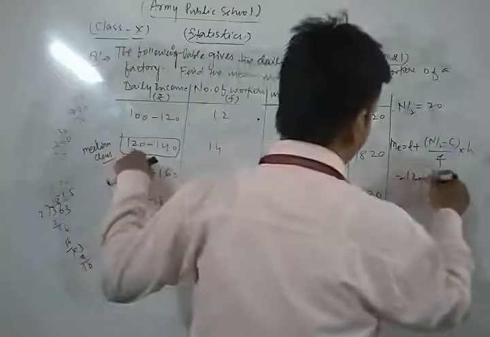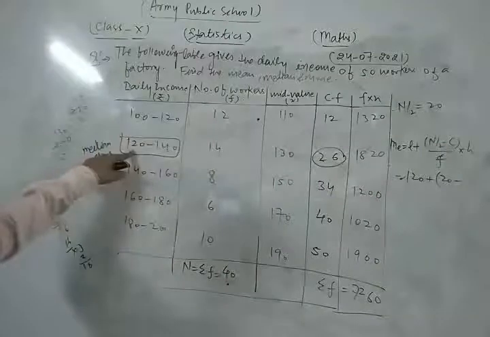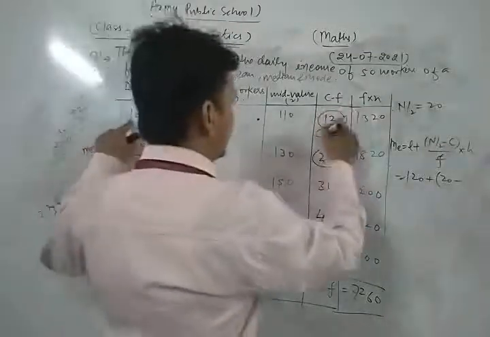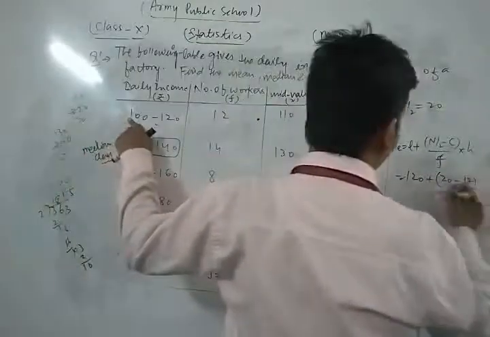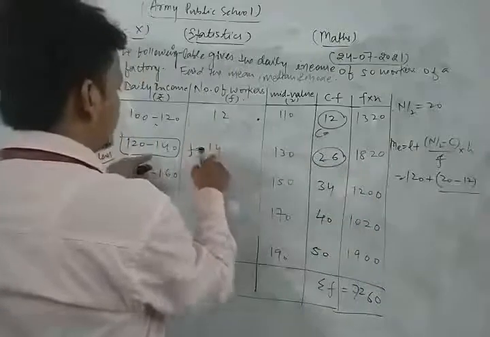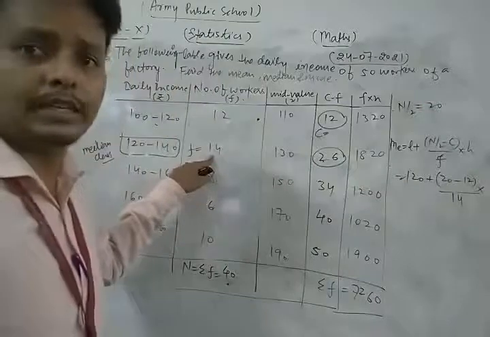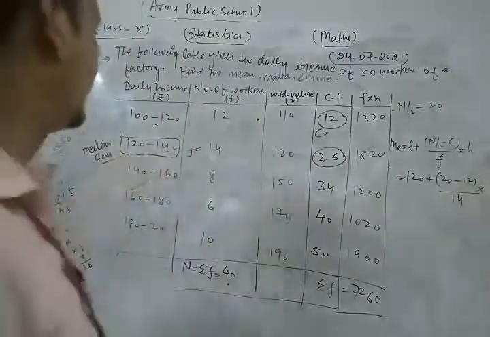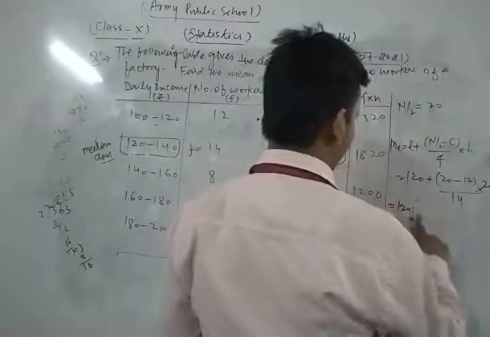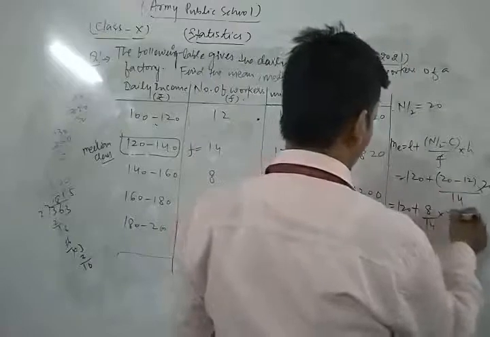Here we put 120 plus the value of n by 2 minus c, the cumulative frequency just preceding the median class, which is 12, upon f, the frequency of the median class, which is 14, into h, the class size of the median class, which is 20.